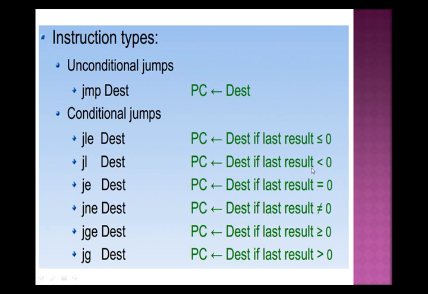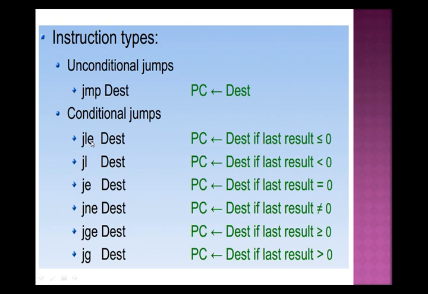JL, if the last result is less than 0. JE, if the last result is equal to 0. This is used for the last result being less than or equal to, not equal to, greater than or equal to, and greater than.